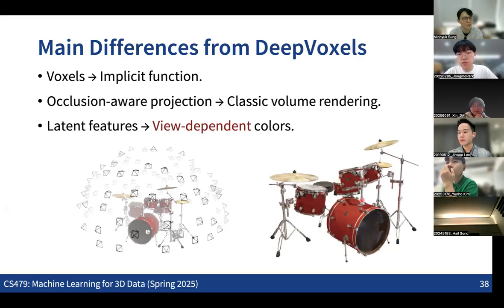We are going to see how we can do that. And also, while DeepVoxels used latent features to determine the color with a decoding process, we are going to directly encode the color information. But we are going to see that it's a view-dependent color.